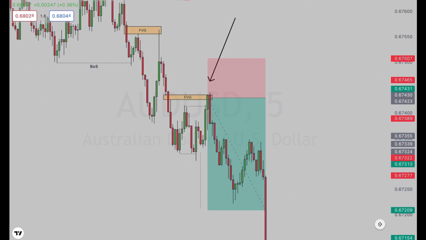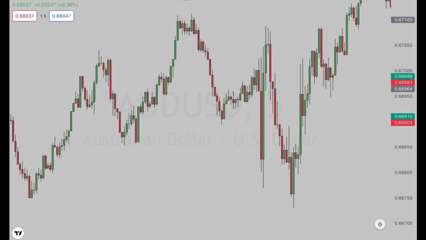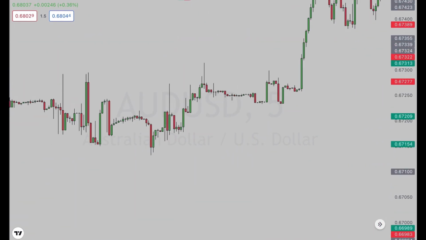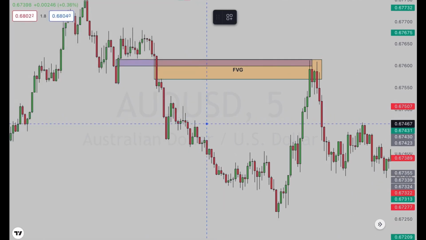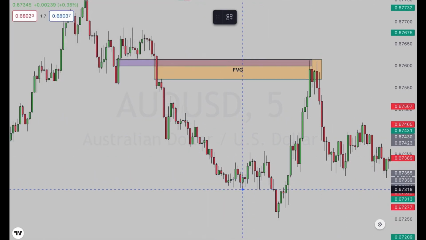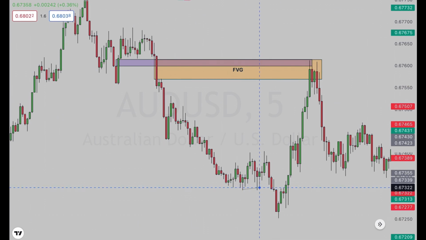Yes, and one more thing. Hold on, let me find that example for you. So this is another way you could use fair value gaps with other concepts. Okay, so here we got sell side equal lows, which are really powerful, and we know that price is going to draw up to this fair value gap sometime or another.